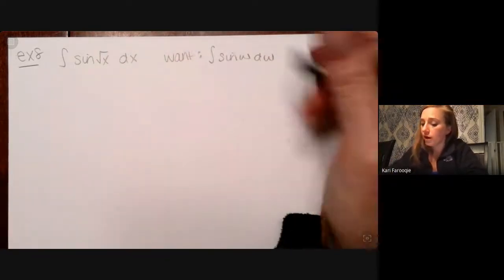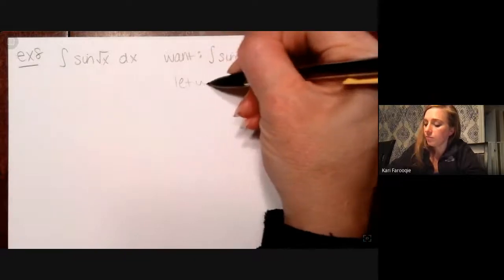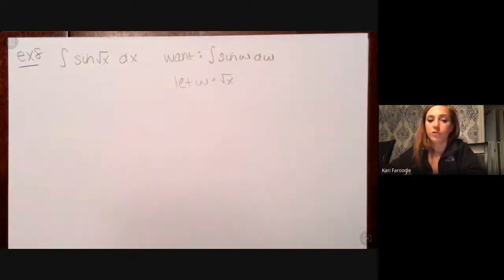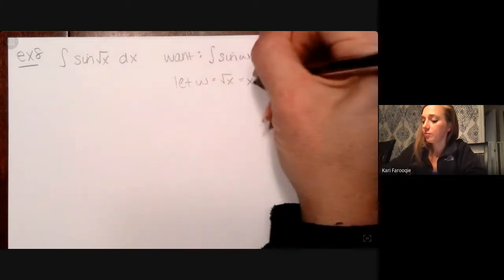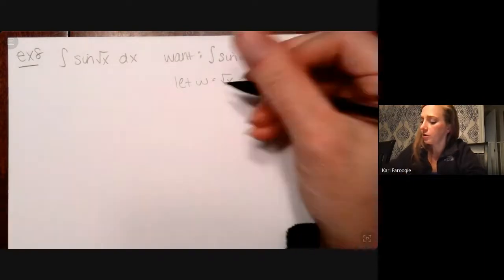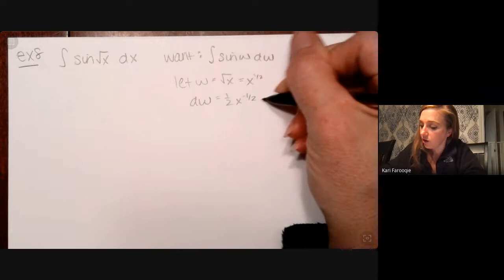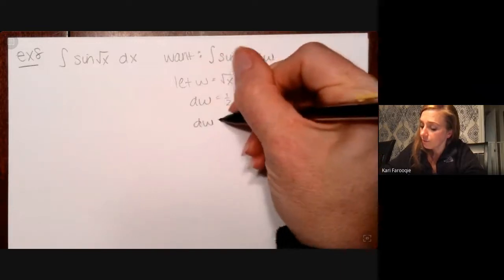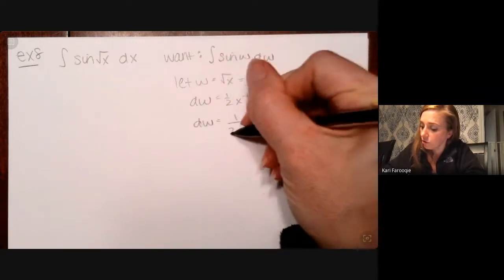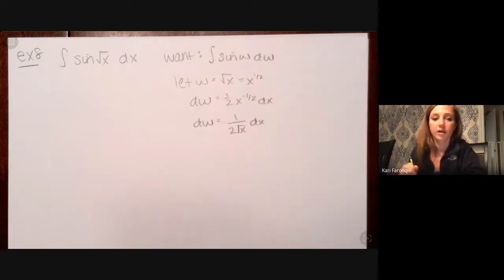In order to do that, we're going to let w equal the square root of x. And then dw, you might want to rewrite that with a rational exponent. Good old dw is going to be 1/2 x to the negative half dx, which is going to be 1 over 2 root x dx.